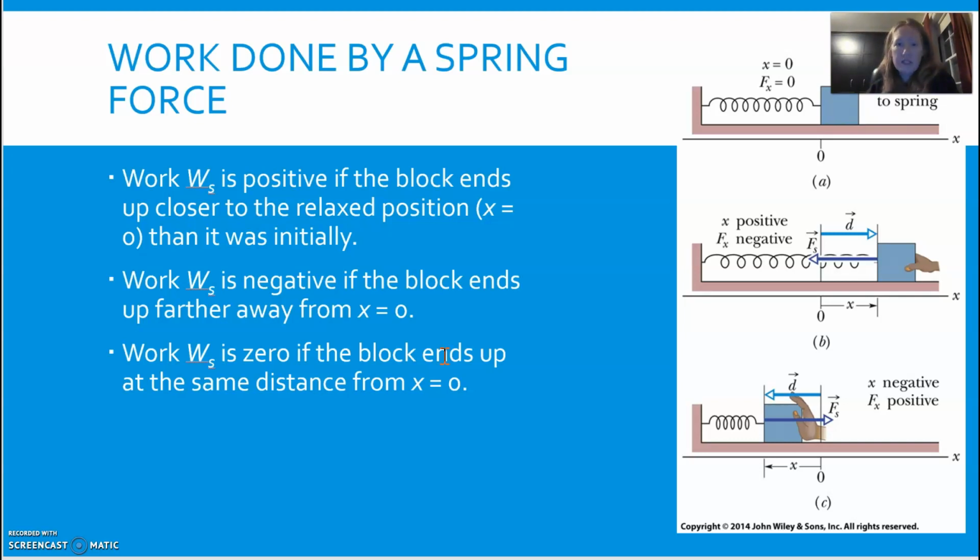So for instance, if the block is closer to the relaxed position, that's the first bullet point here, than it was originally, then somebody let go. Somebody had it stretched out or compressed, and then they let it go, and you know that's going to be moving kind of quickly then, right?